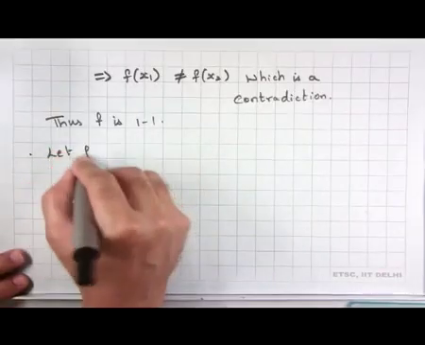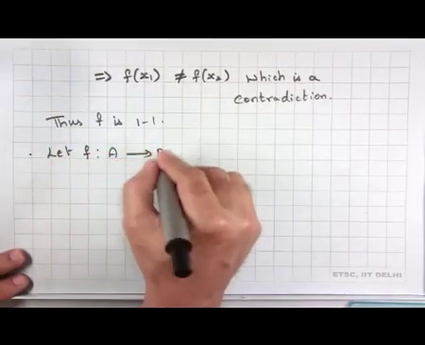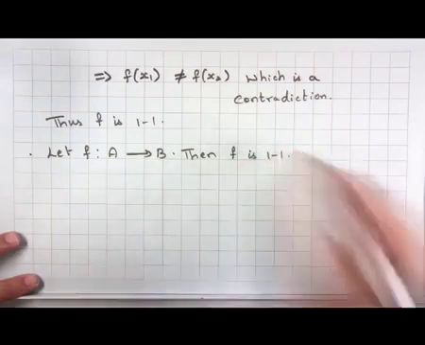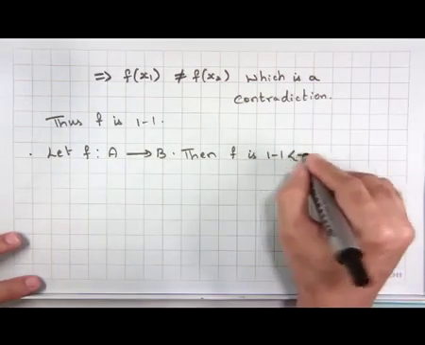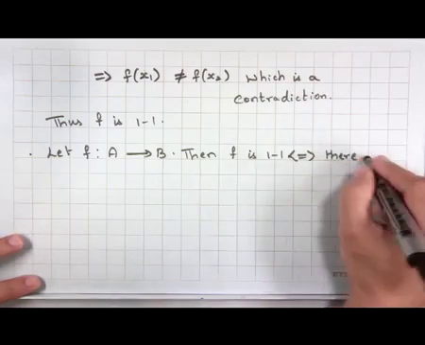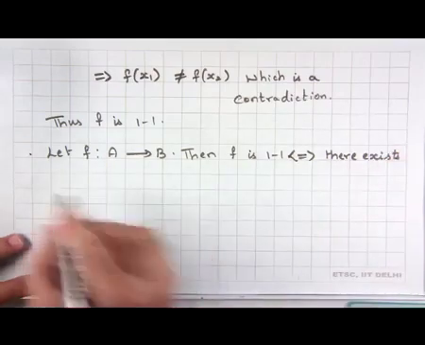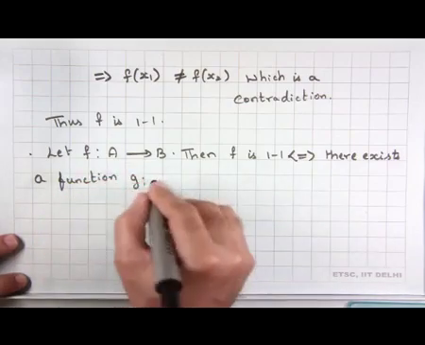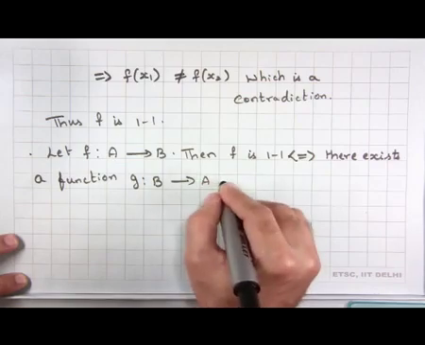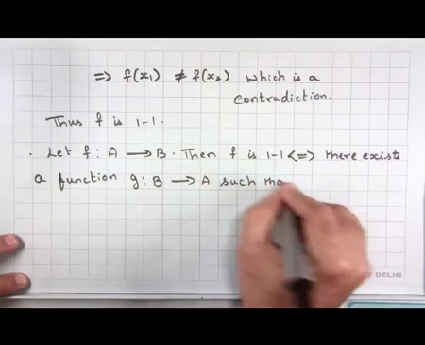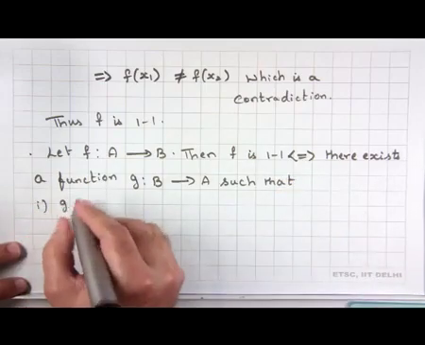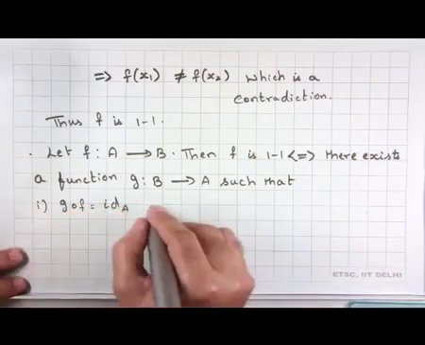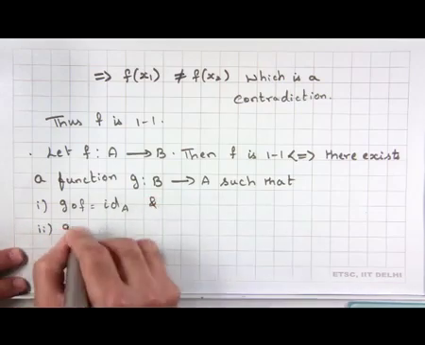Let f from A to B, then f is 1 1 if and only if there exists a function g from B to A such that, first, g composed with f is just an identity function on A, and second, g is onto.